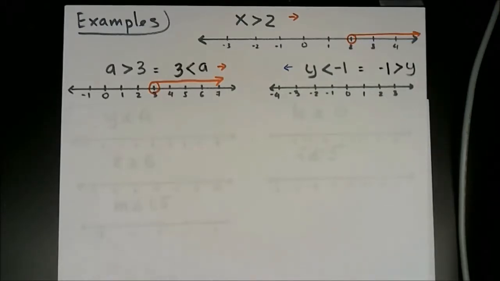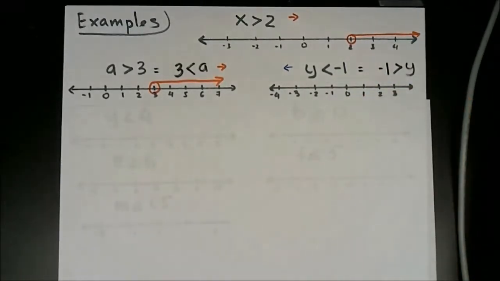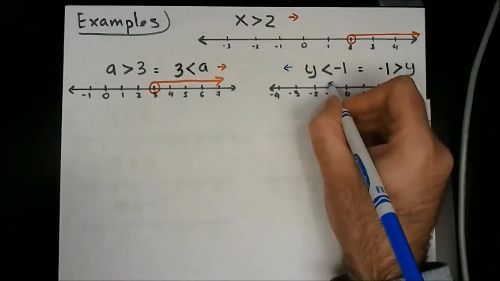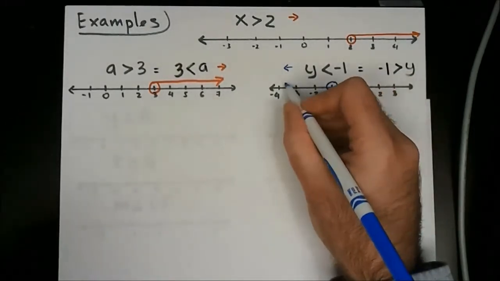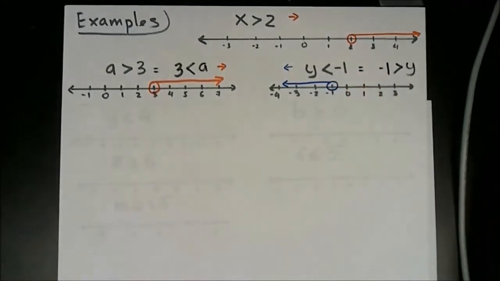Hopefully someone said -1. And open circle or closed circle? Open circle, because I don't have that equal sign at the bottom. Y is less than -1. Y is not -1. Open circle at -1, heading in this direction. That's it. Nothing else you can do.